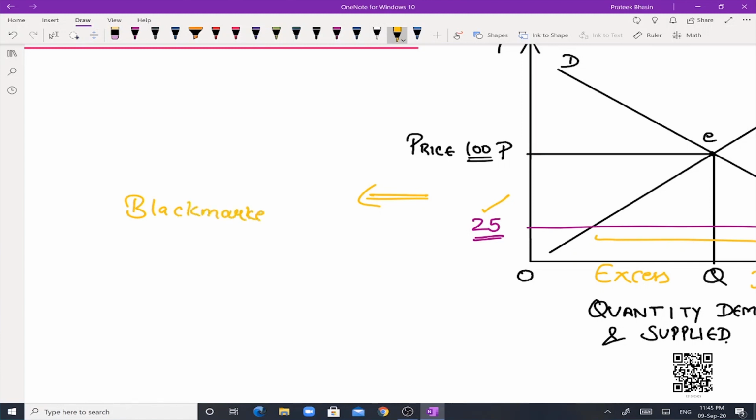because the producers would stock up their onions and won't sell them at a price lower than 100. This will create an artificial scarcity of onion in the market, and hence it will raise the price of onion back to 100 rupees.